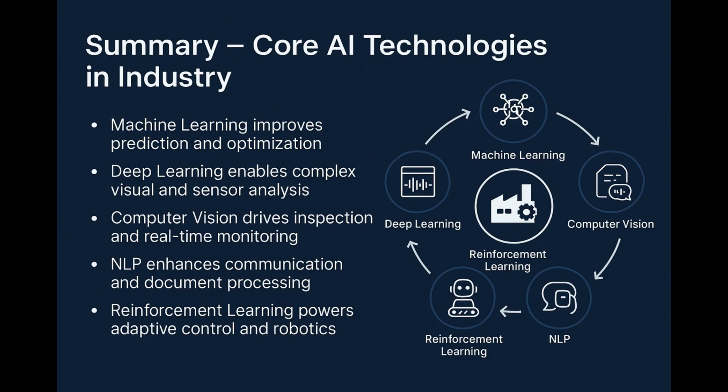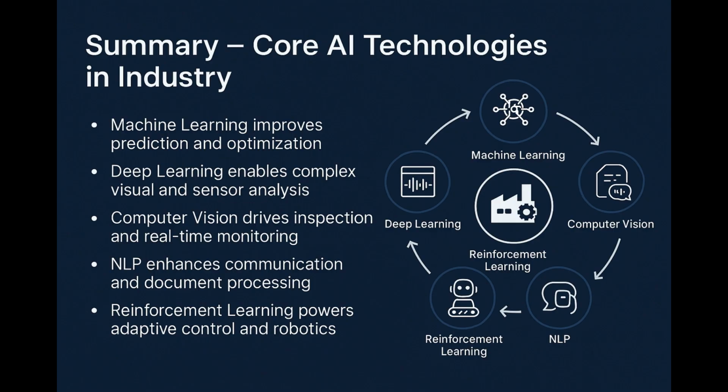We also looked at natural language processing, which helps machines understand and interact using human language, making interfaces more intuitive and efficient. And finally, reinforcement learning, which allows systems to learn optimal control strategies by trial and error, perfect for dynamic or simulated environments. Together, these technologies form the backbone of intelligent automation, allowing systems to not just act but to think, adapt, and improve.